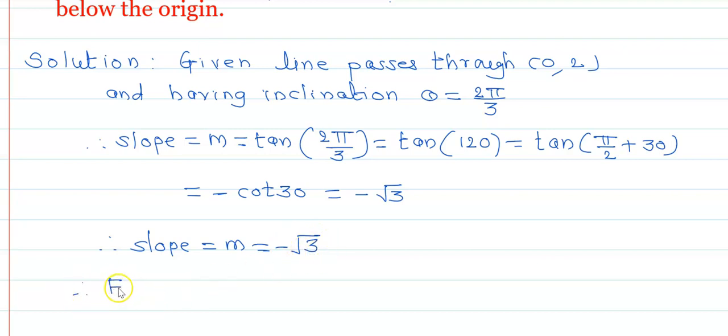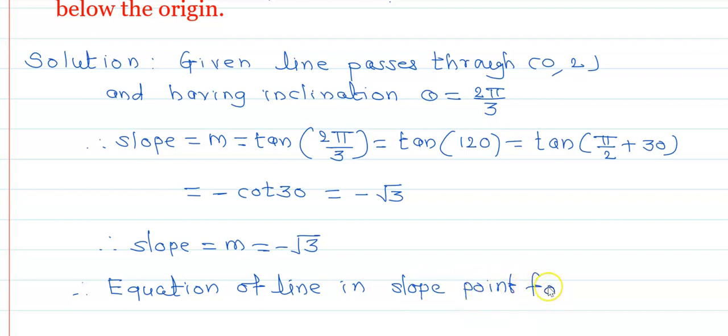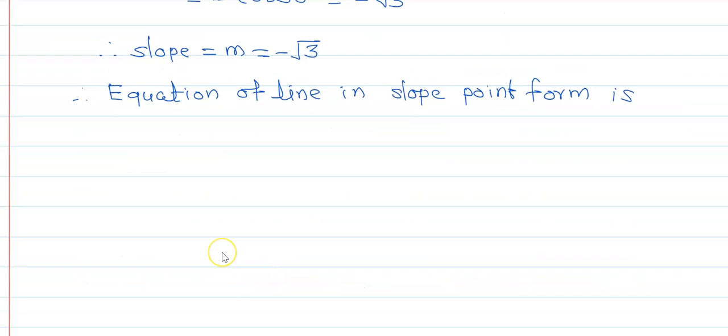Therefore, the equation of line in slope point form is y minus y1 is equals to m in bracket x minus x1.